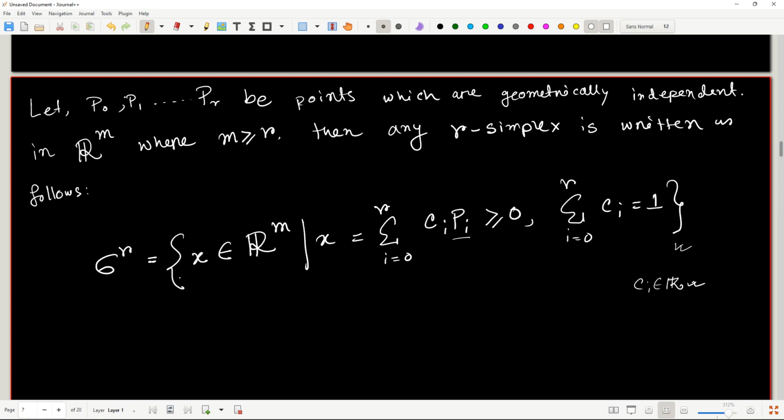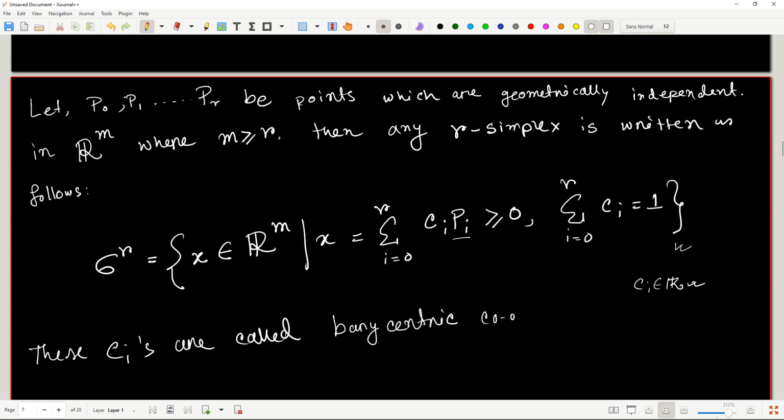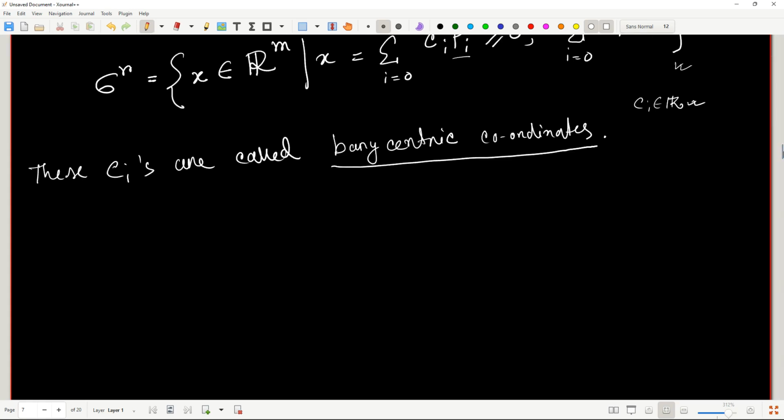Now these c_i's, these coefficients, need some explanation, and they are called barycentric coordinates. I'll now explain what I mean by a barycentric coordinate. I'll try to give you a motivation, not getting into the very mathematical details, but rather a physical motivation.